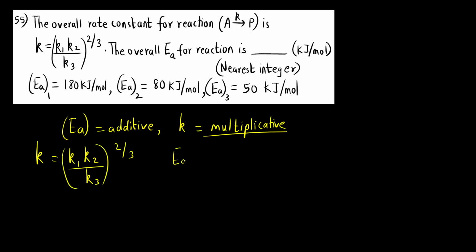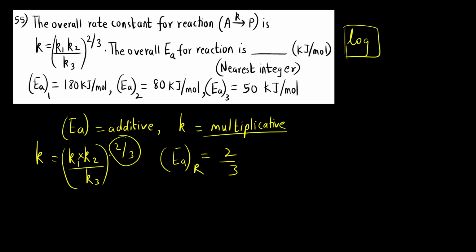So how do you find out the overall activation energy of the reaction? First, take this 2 by 3 common. Whatever is in multiplication you add, whatever is in division you subtract. You can remember the log rules, similar to that.